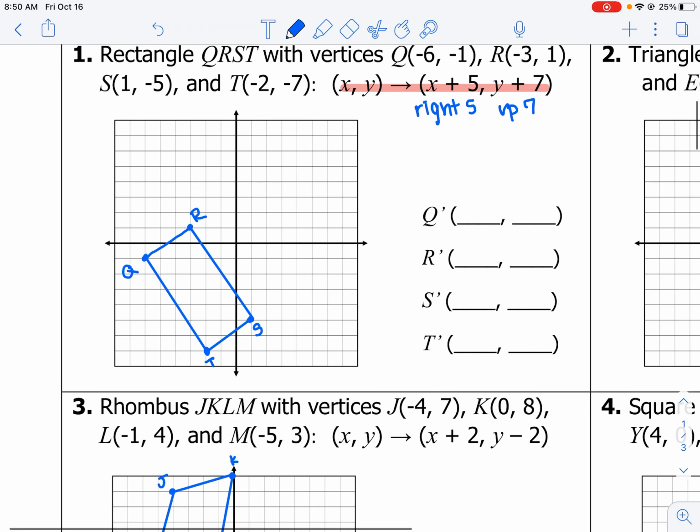I'm going to start with R. I went right 5, up 7, and that gets me R prime. I do the same thing for each point. So I get Q prime, S prime, and then T prime.